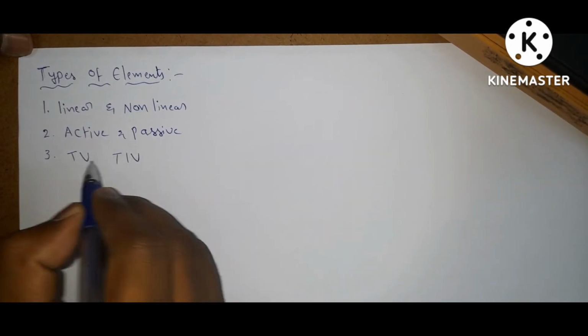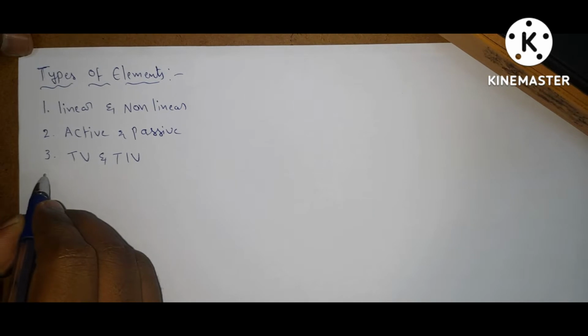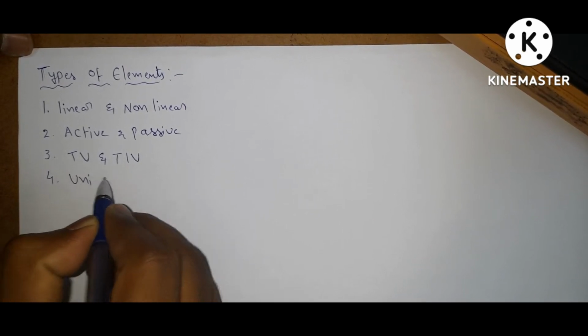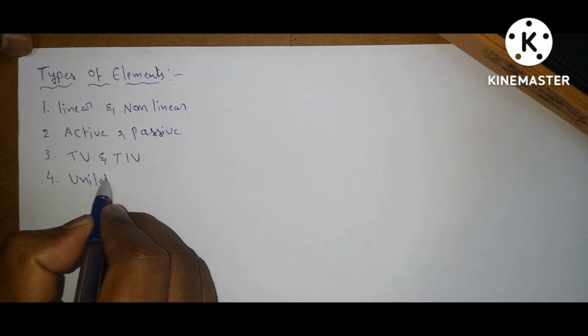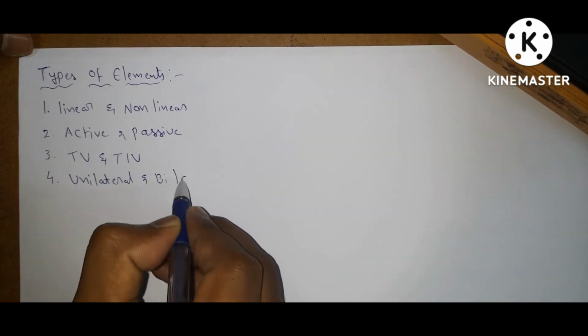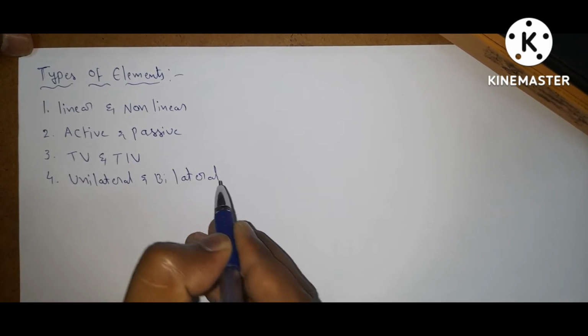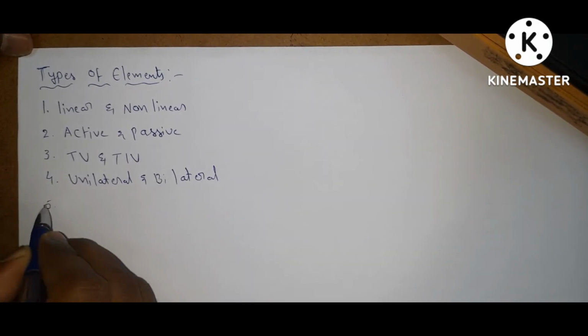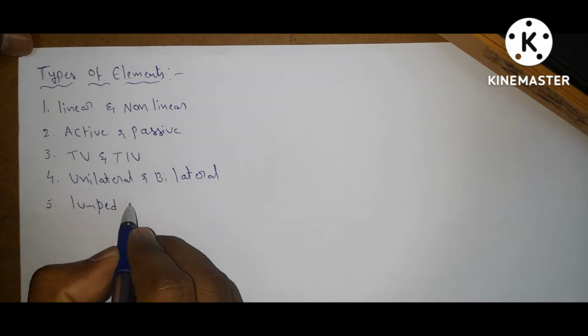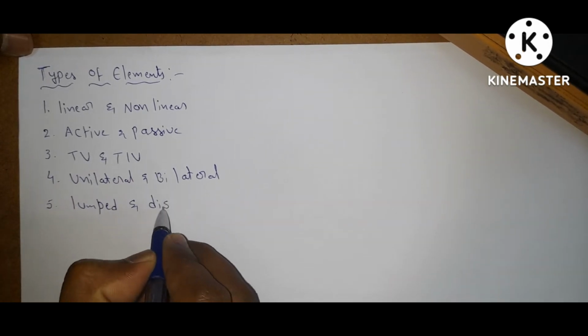And fourth one is unilateral and bilateral elements. And fifth one is lumped and distributed elements.